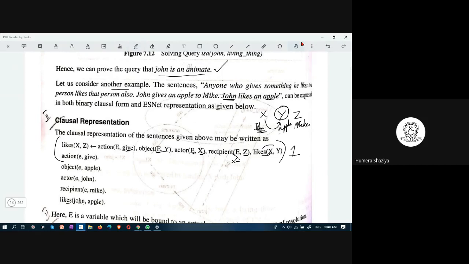What do you understand here? These are the clauses, a set of clauses, and this whole set is known as clausal representation. How do you obtain this clausal representation? By understanding and representing English sentences given here within double quotes.